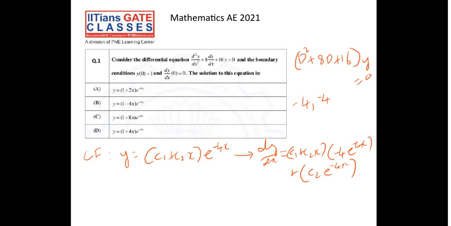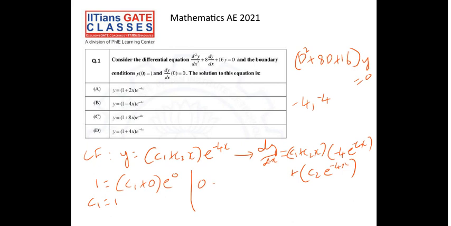Now substitute the boundary conditions. At x equal to 0, we will get y of 0 as 1. So 1 is equal to c1 plus 0 into e raised to 0. So we get c1 as 1. Substituting the boundary condition here, we get dy by dx of 0 as 0.